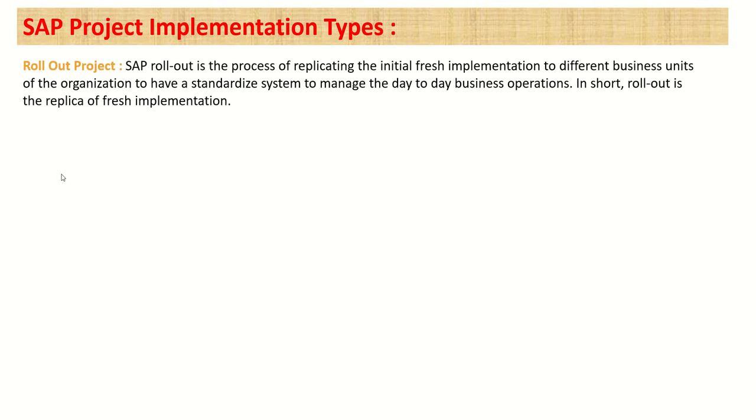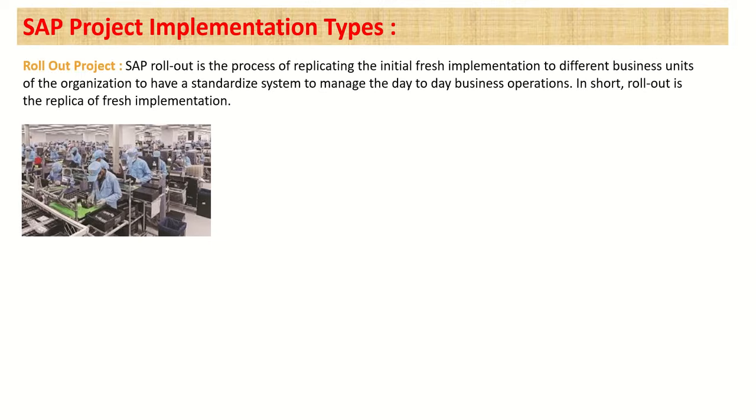Fine. So the next is the rollout project. In the rollout project, the company is already using the SAP system for one of the plants. They have done the fresh implementation for one plant, and everything is working fine as per the need. But initially, they have implemented it for only that one plant.